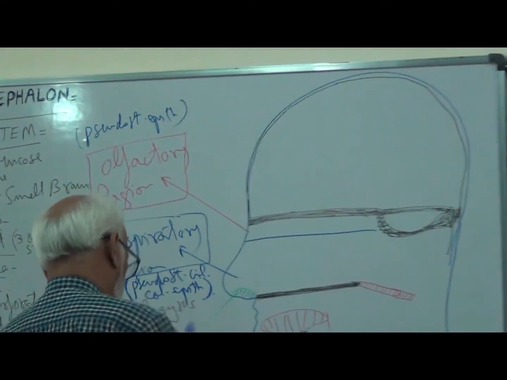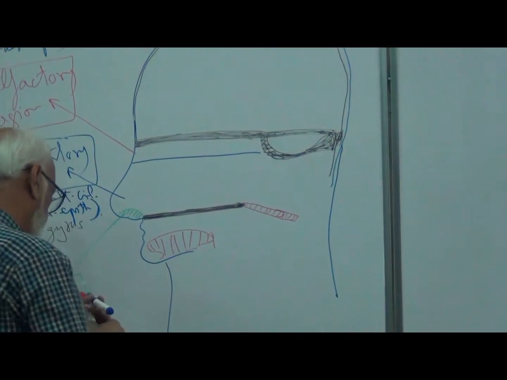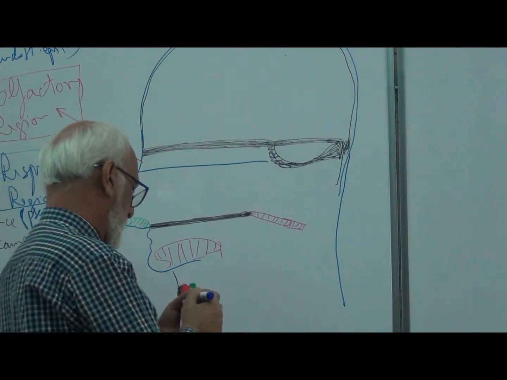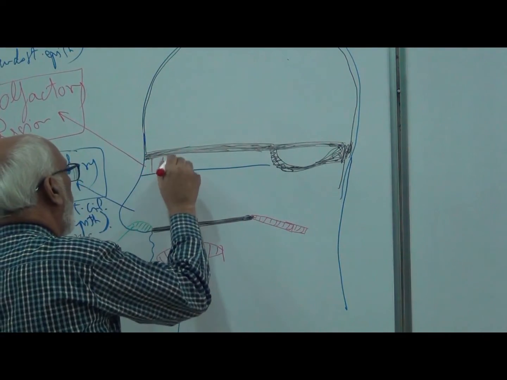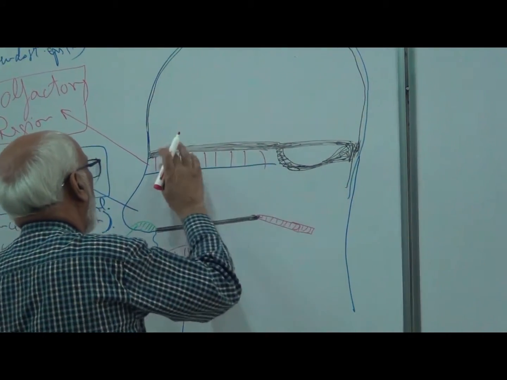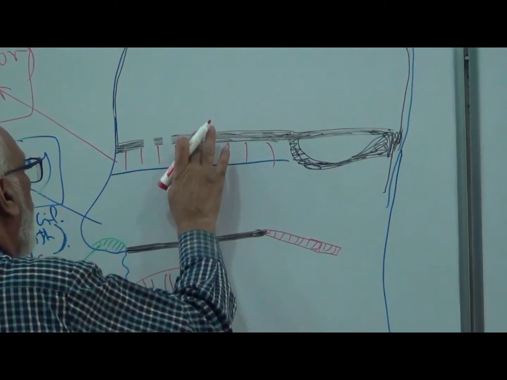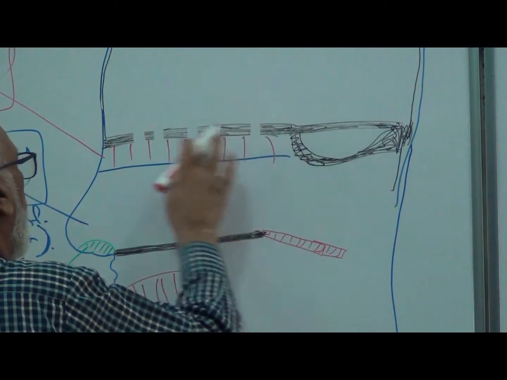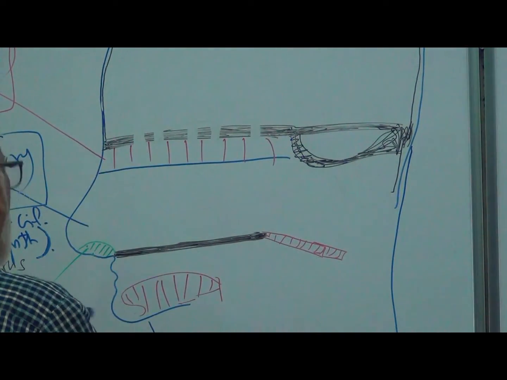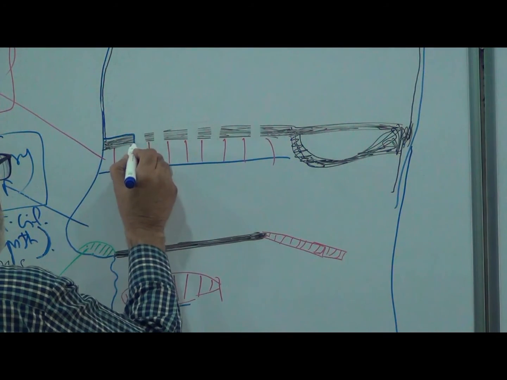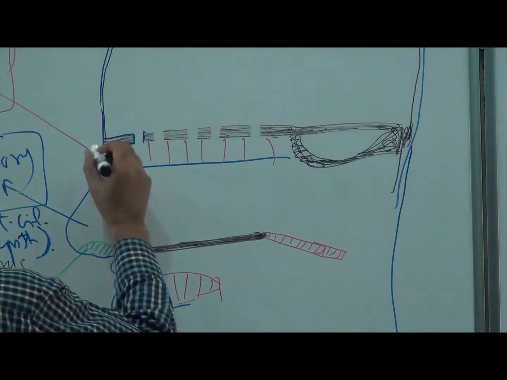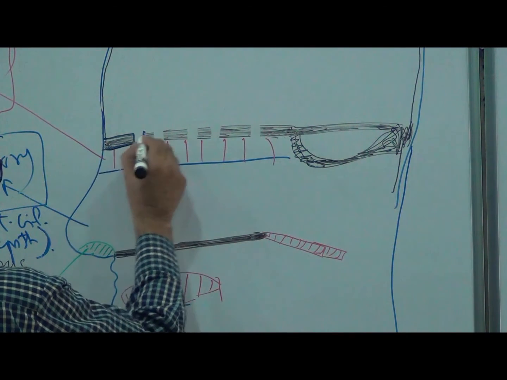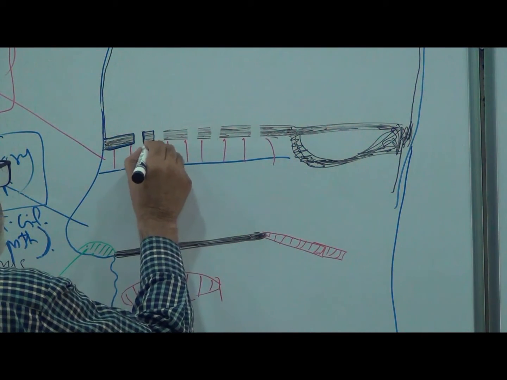Now this olfactory mucosa lines the roof of the nasal cavity and the upper parts of the lateral and medial walls.